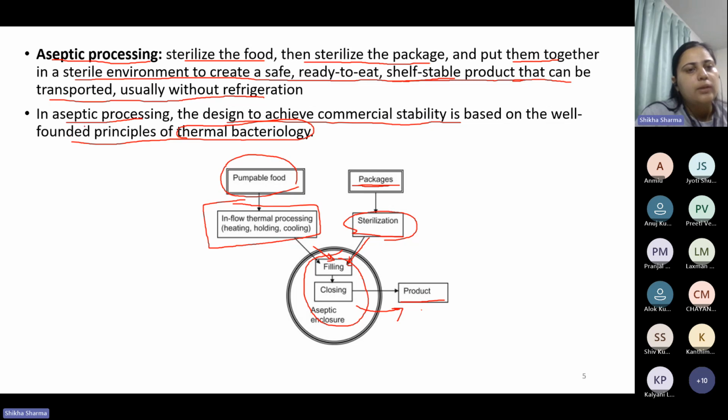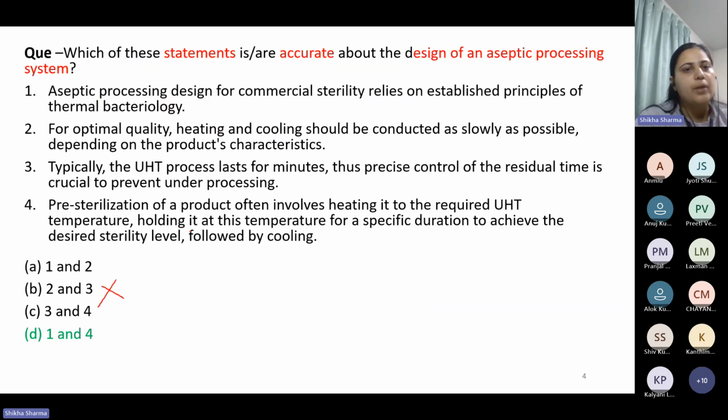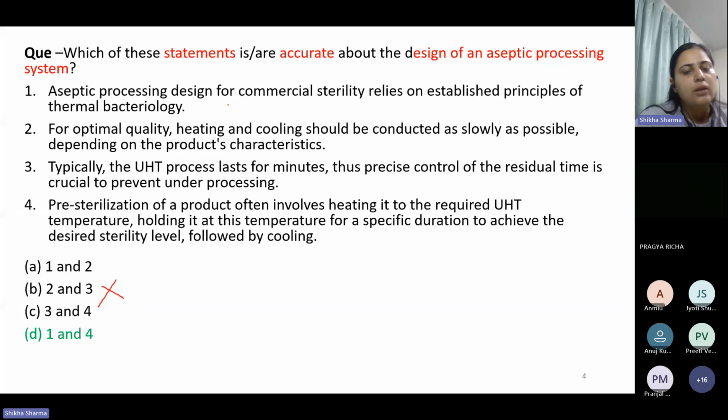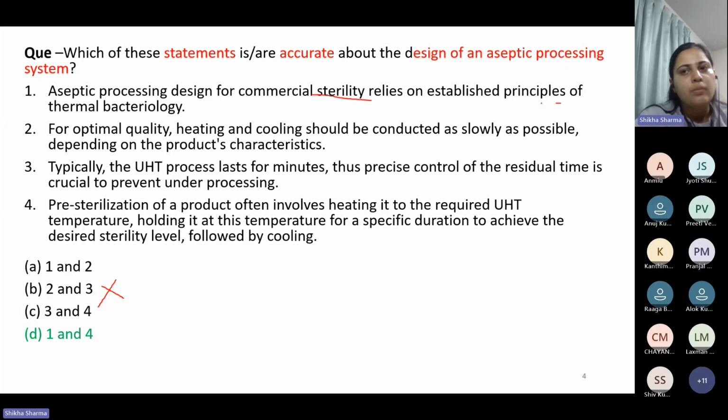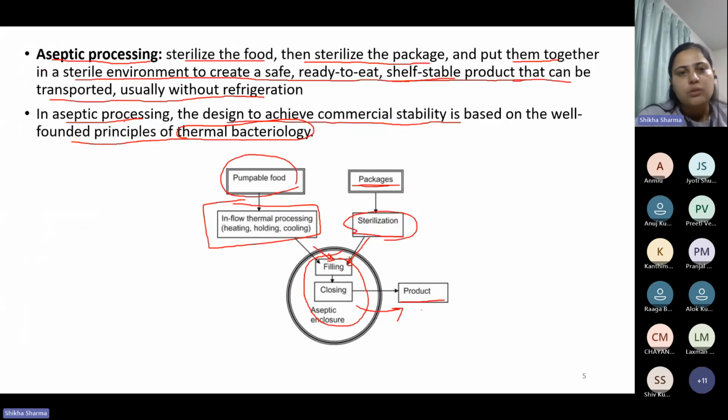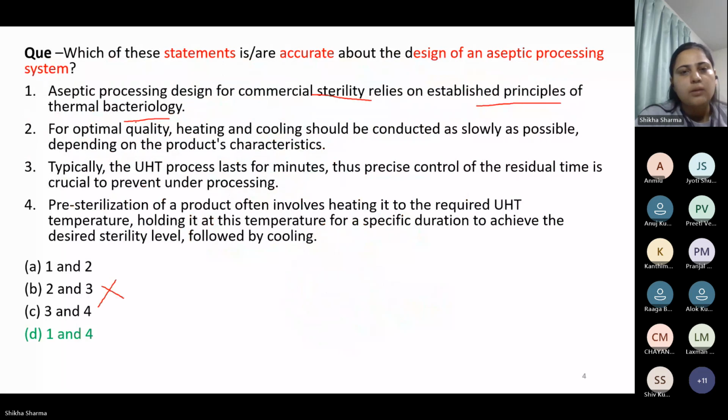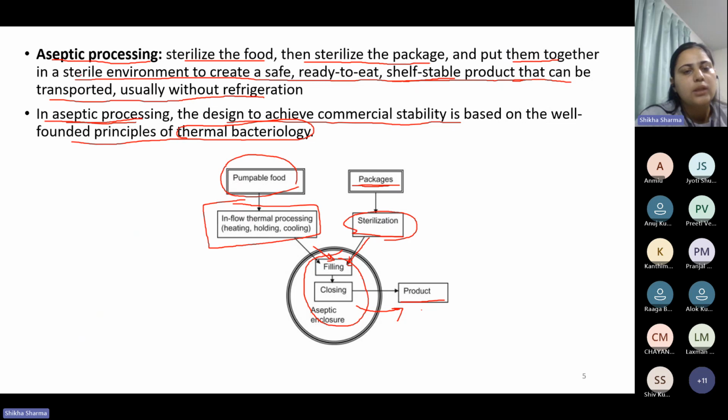Statement 1 is saying aseptic processing design for commercial sterility relies on established principles of thermal bacteriology. So this statement is the same as this one, which means it is correct.